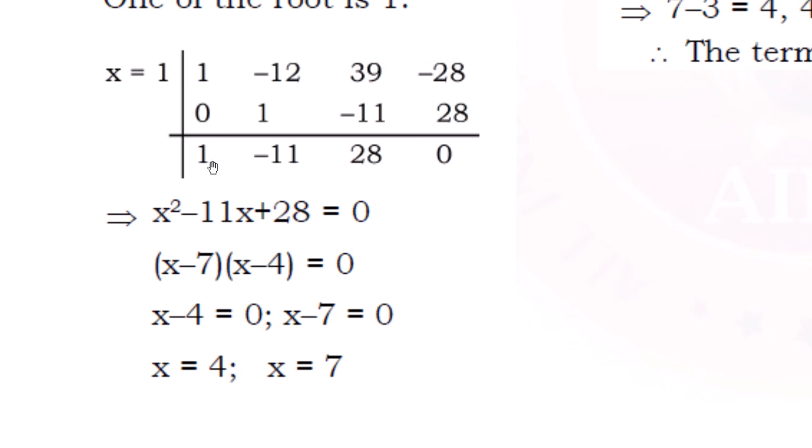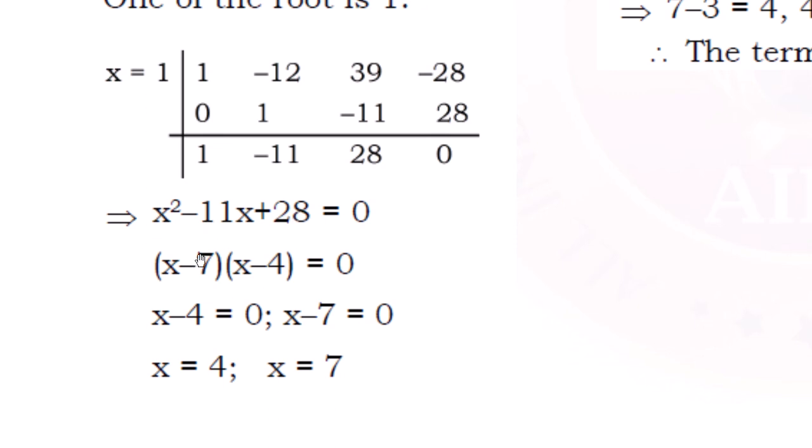Here, if you multiply a and c, 1 into 28, the product is 28. We need two numbers such that their product is 28 and sum is minus 11. So we can take minus 7 and minus 4. So we can split minus 11x as minus 7x and minus 4x, so that the product is 28 and the sum is minus 11.